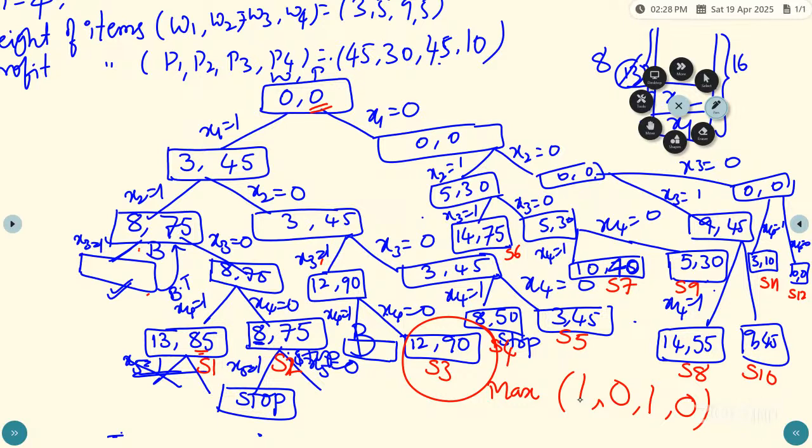So this is the way an abstract problem can be solved using backtracking, and it is called a state space tree.